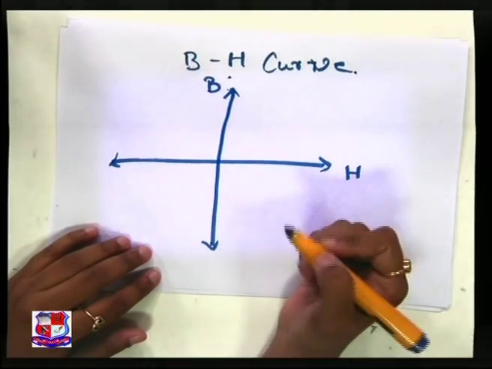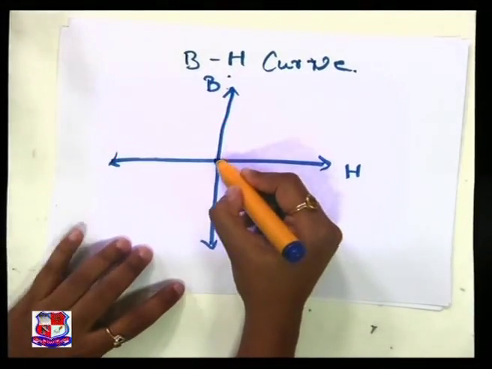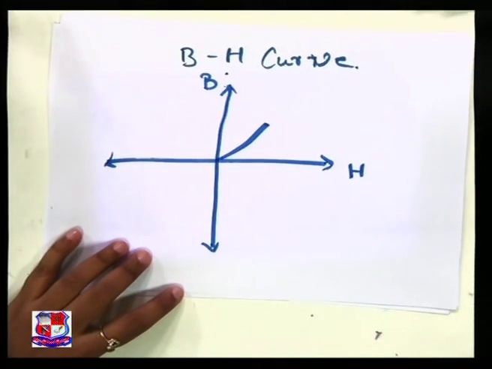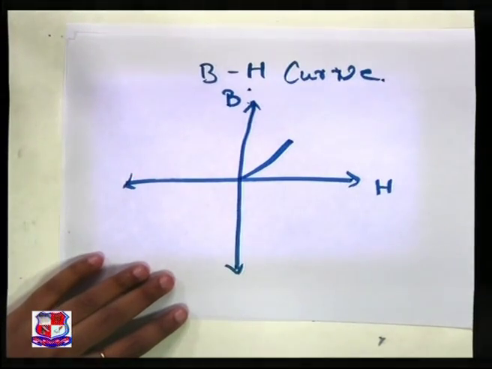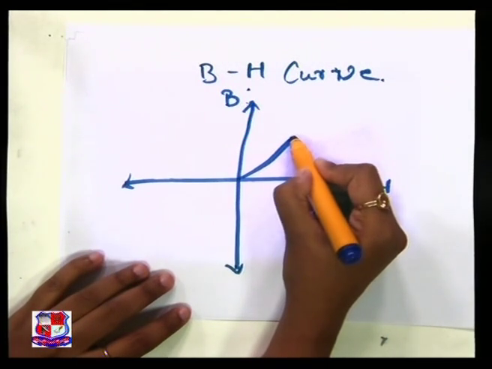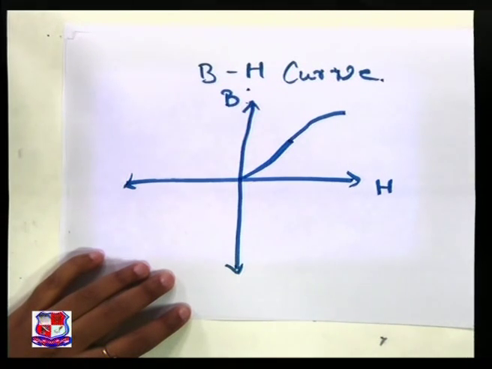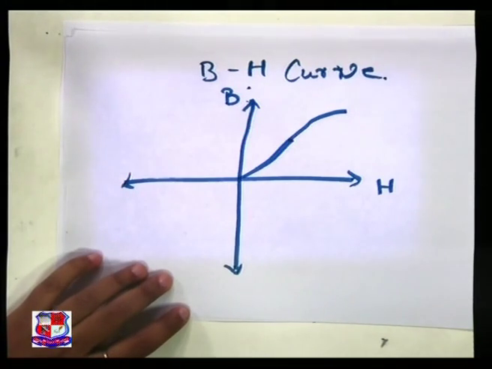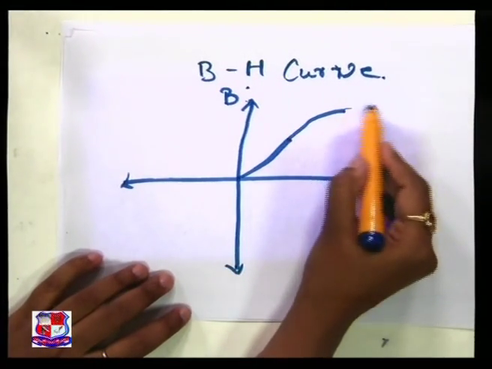If we increase H, we get this type of initial increase in B, right? With further increase in H, the magnetic field intensity increases, the magnetic flux density of the material increases, and if I increase H further, this will be constant.